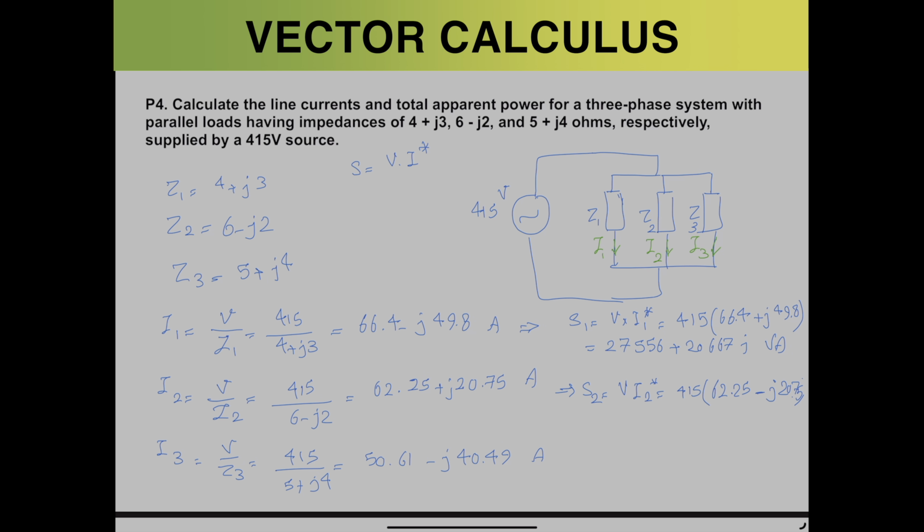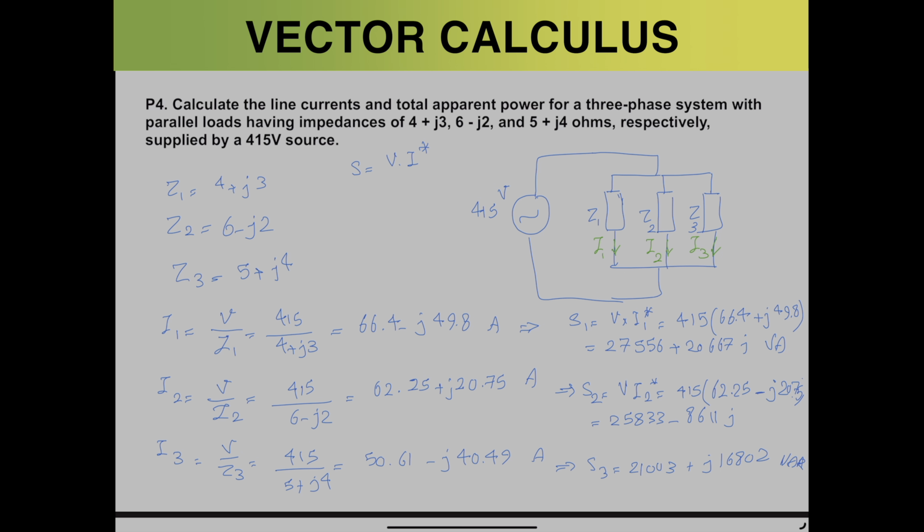Remember, again, this is the current, and this is the conjugate of that current, and in order to do that, we negate the imaginary part. This simplifies to 25,833 minus 8611 J. And in this case, I'm going to write the final answer as 21,003 plus J16802 var.